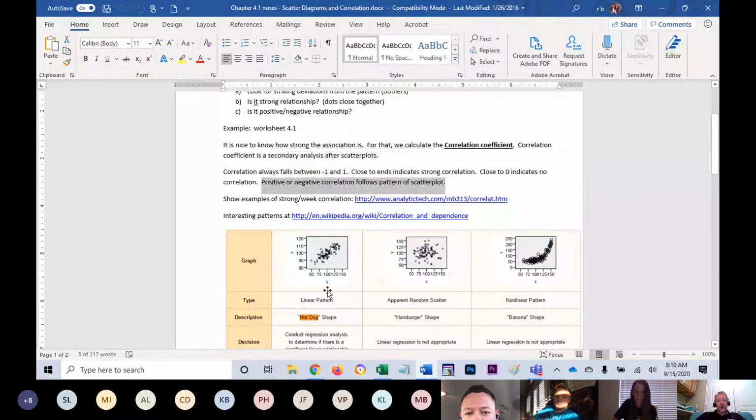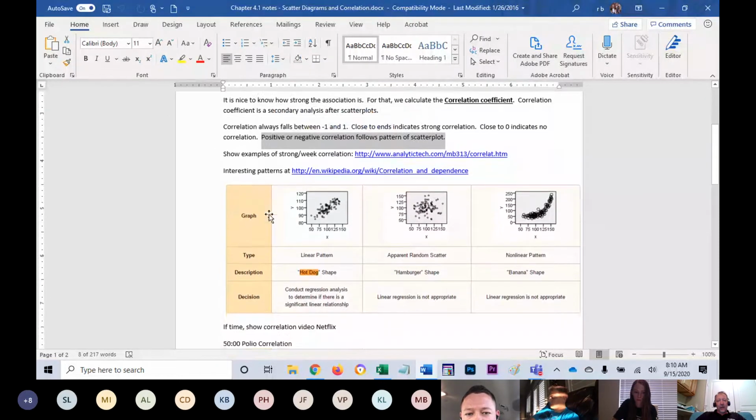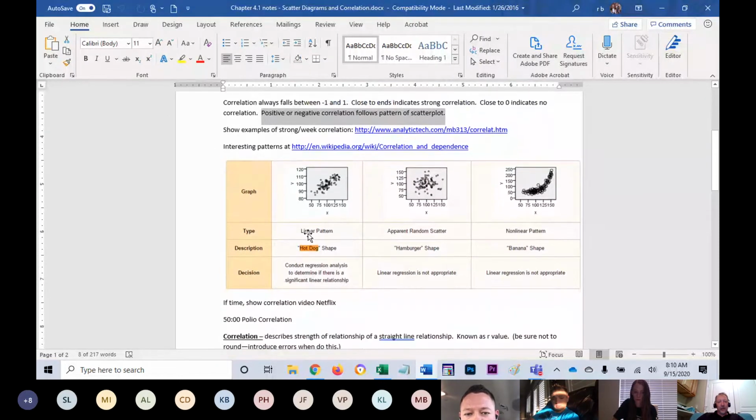What we're looking for is, you can view this scatter plot as kind of a hot dog shape, right? You could draw a straight line through here pretty easily. So this would indicate a pretty good correlation. Here, there's no real pattern going on.